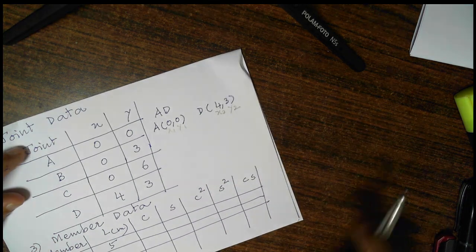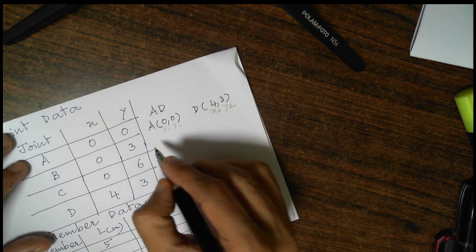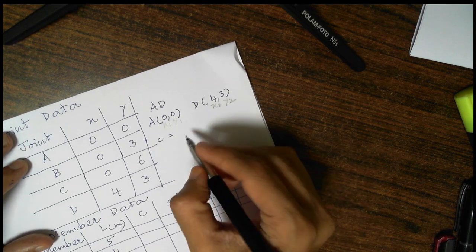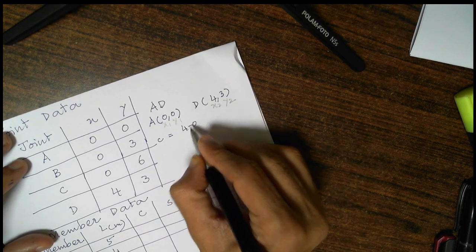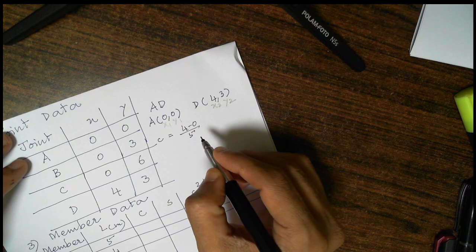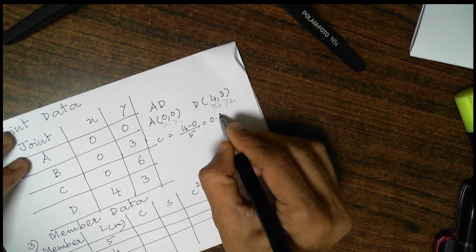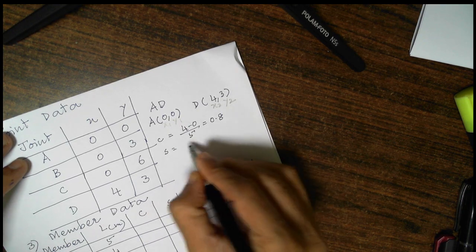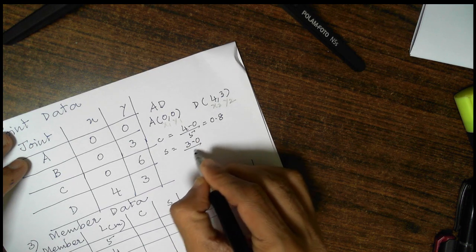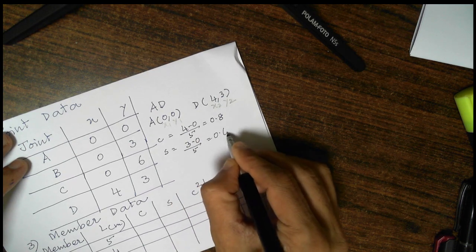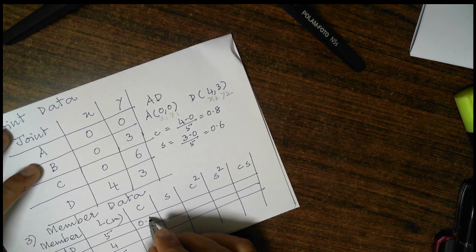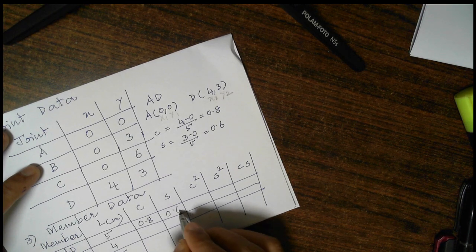Everybody agree with it? So cos theta is equal to 4 minus 0 divided by length, that is 5, that is equal to 0.8. And sin theta is equal to 3 minus 0 divided by 5, that is equal to 0.6. So cos theta is 0.8, sin theta is 0.6.